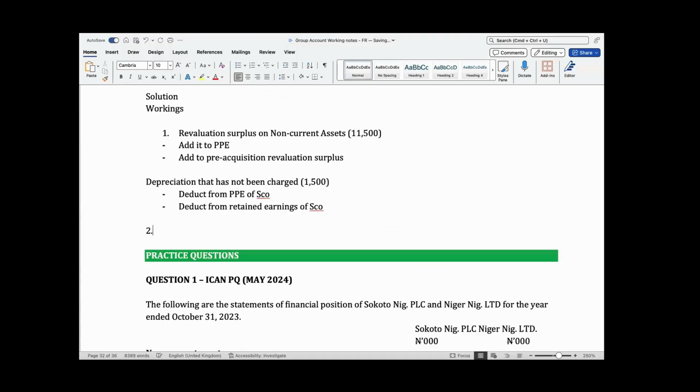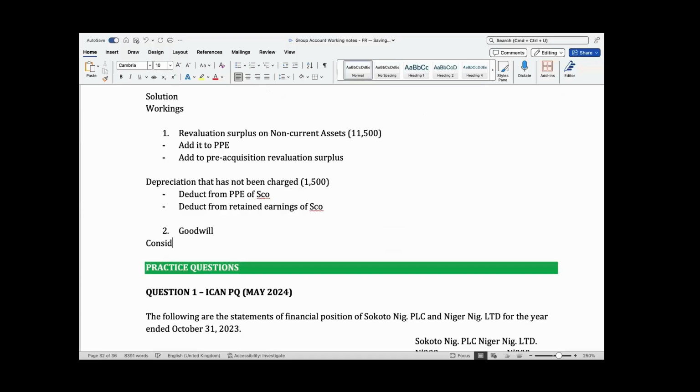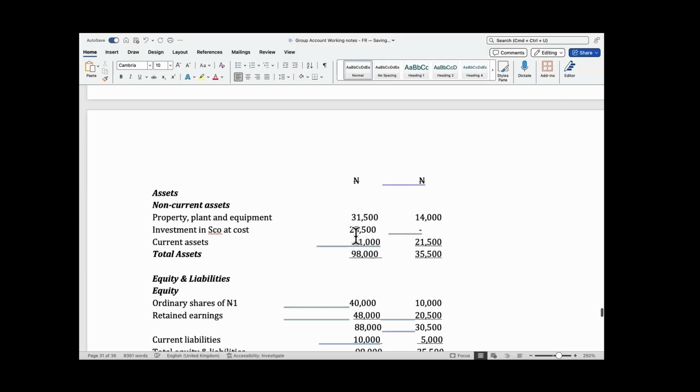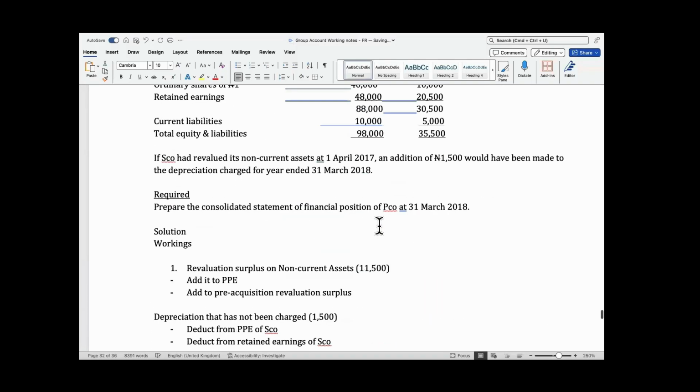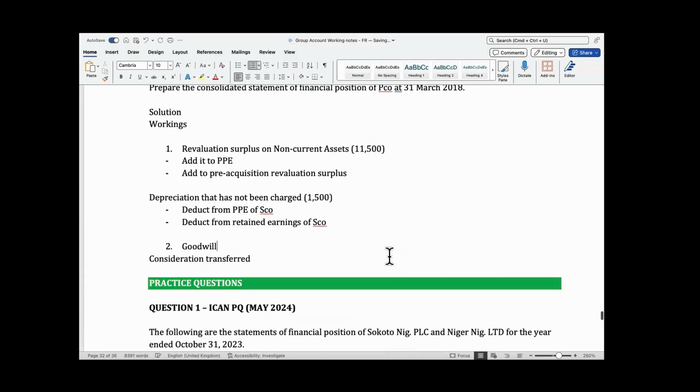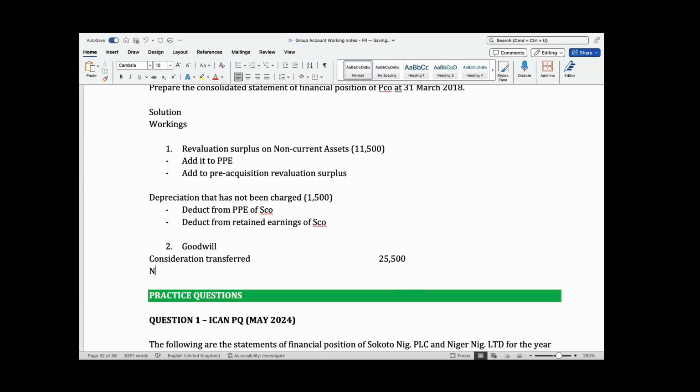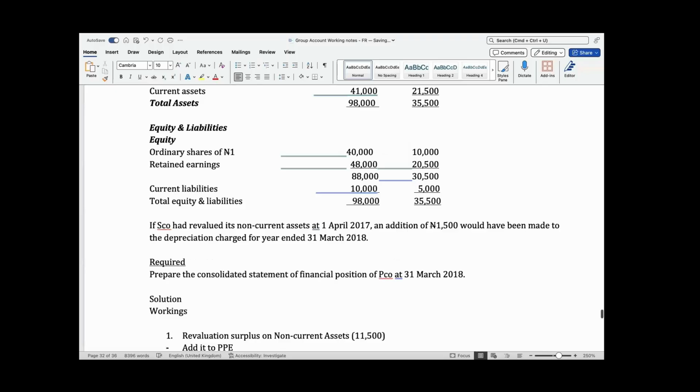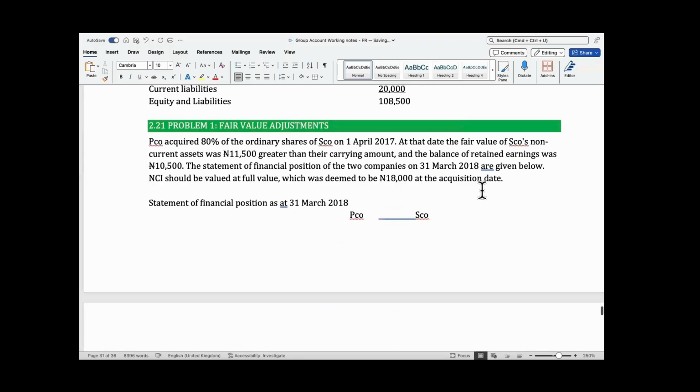So, cancellation. Consideration transferred, how much? 25,500. Non-controlling interests is at full value. 18,000.